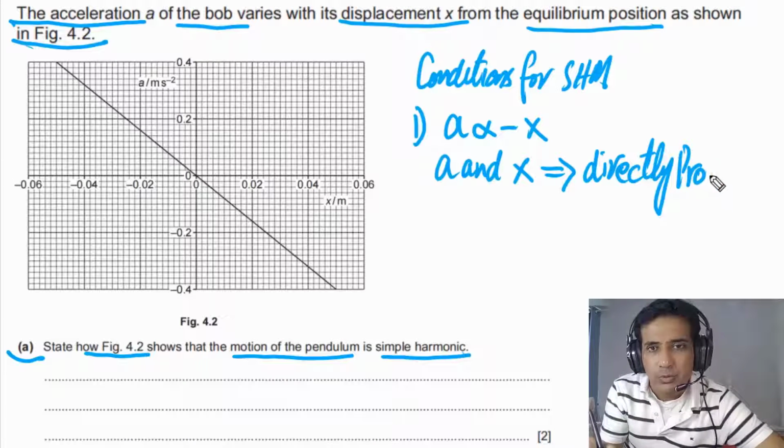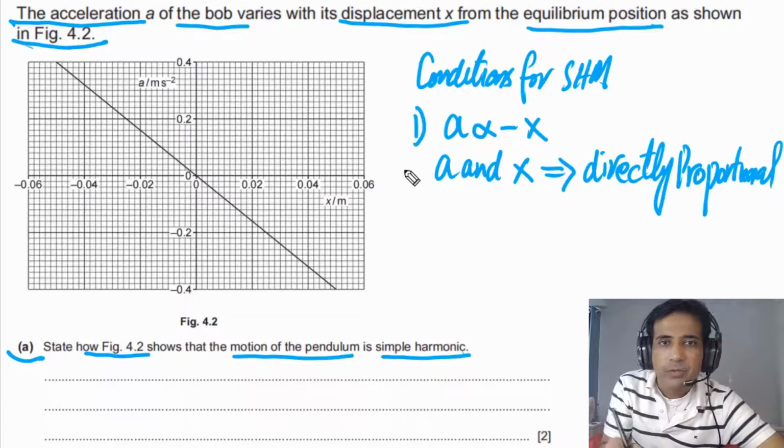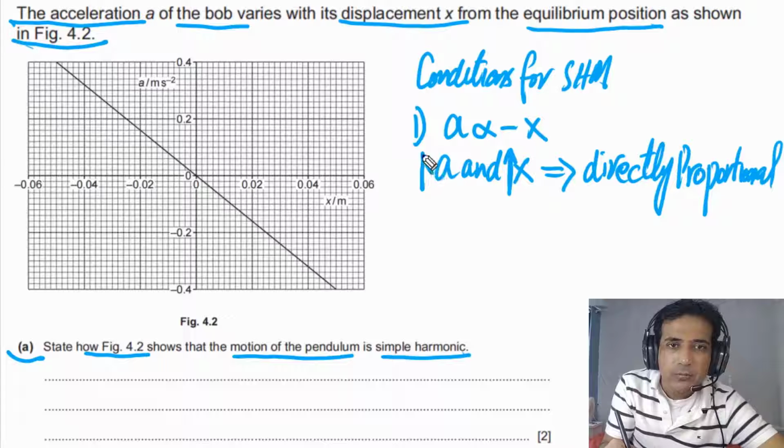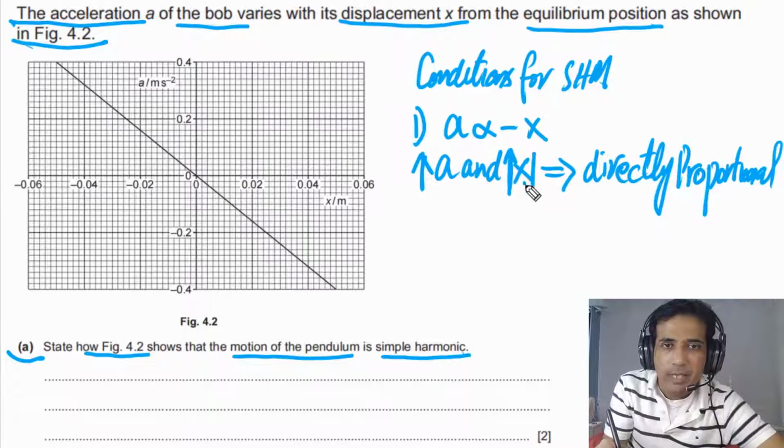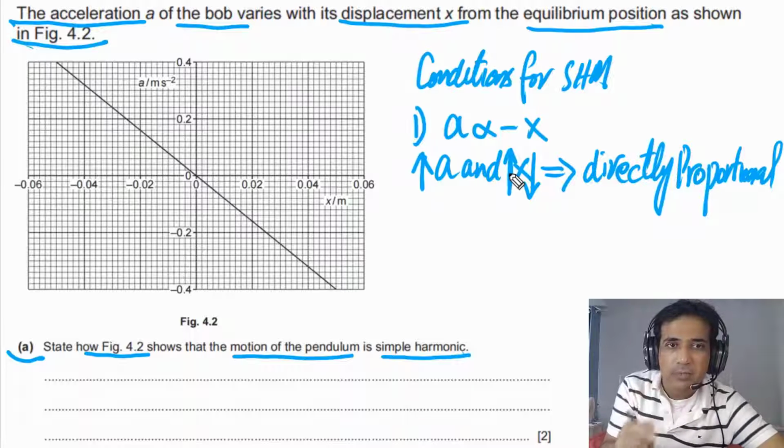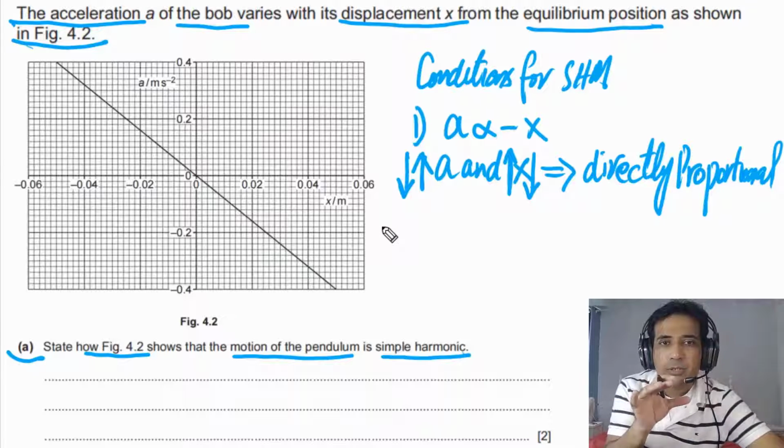So when x is increasing, acceleration will also increase, and when x, the displacement, is decreasing, acceleration will also decrease. So this is what A directly proportional to x is telling us.